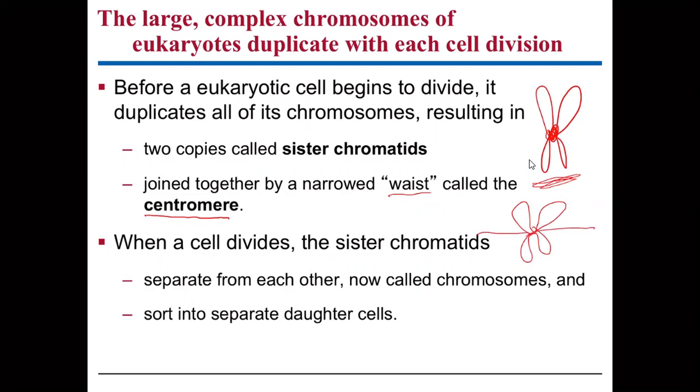Particularly in the anaphase stage, the sister chromatids will be pulled apart. One chromatid will be pulled to one pole, the other to the opposite pole. And when they're separated, they are no longer called chromatids. They are now called chromosomes, single chromosomes. So these single chromosomes will eventually be sorted into the new daughter cells.